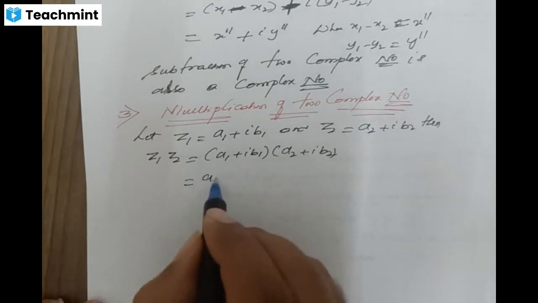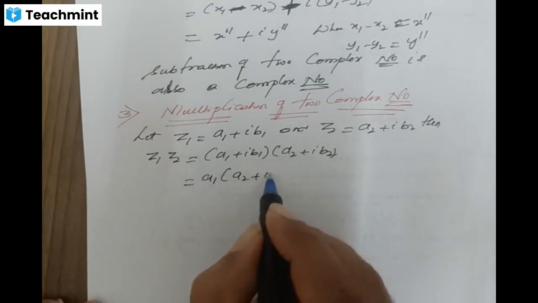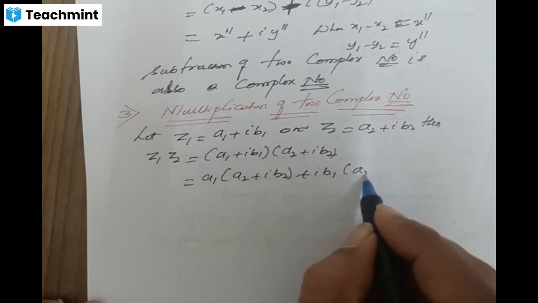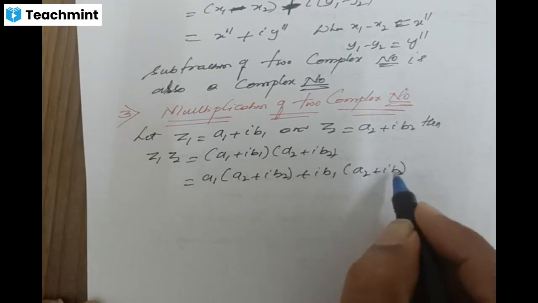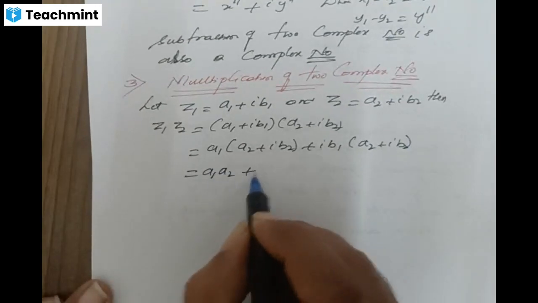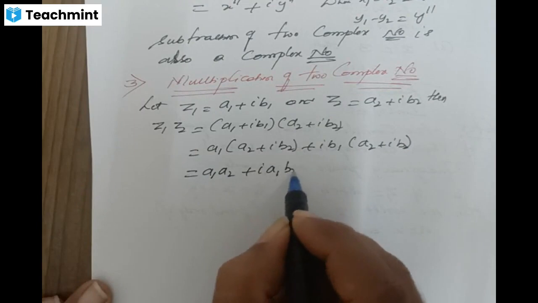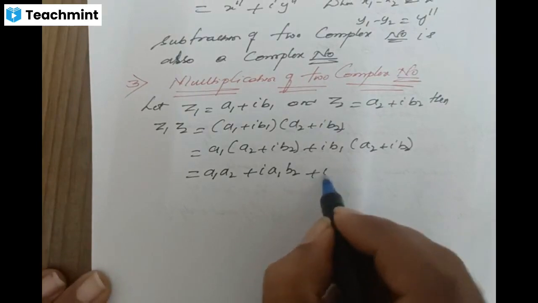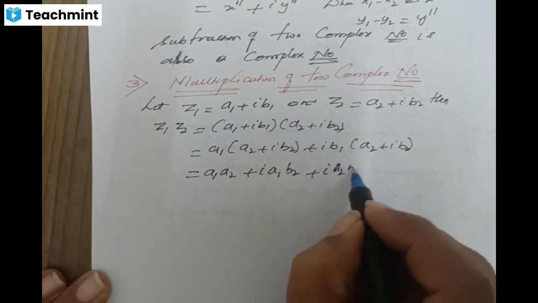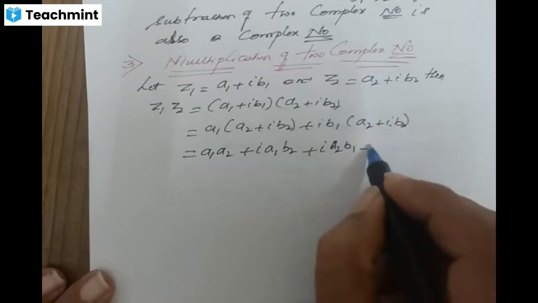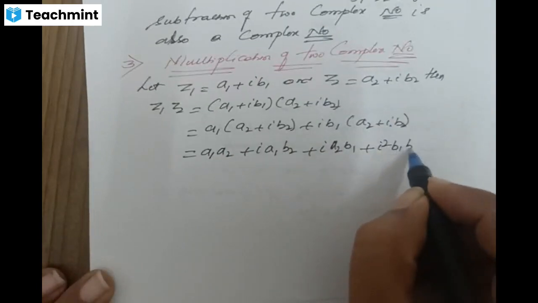Then we can write a1 into a2 plus i b2, plus i b1 into a2 plus i b2. So multiply: a1 a2 plus i a1 b2 plus i a2 b1, plus i into i is i square b1 b2.